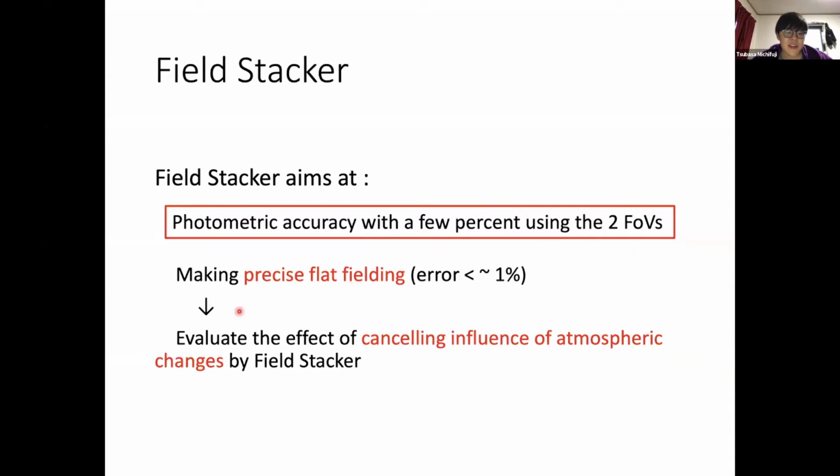Then after that, we evaluate the effect of canceling the influence of atmospheric transmittance changes by Field Tucker. To verify these points of Field Tucker, we did the engineering observation of Field Tucker and data analysis.